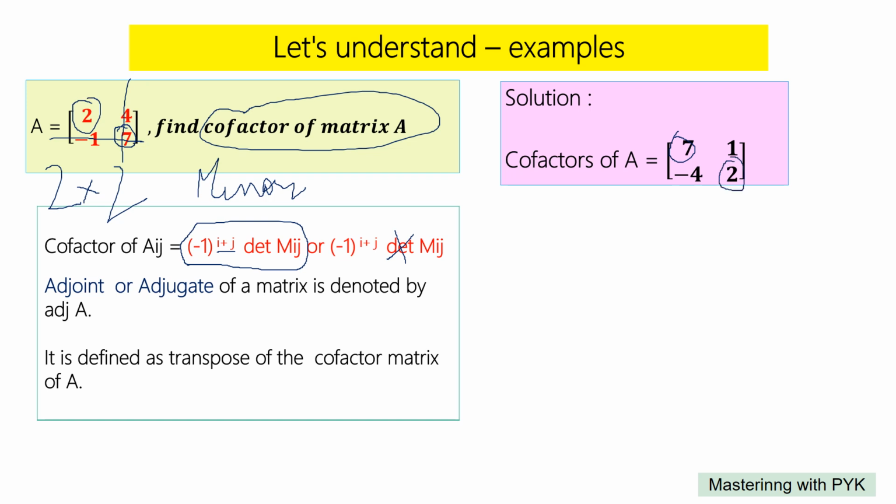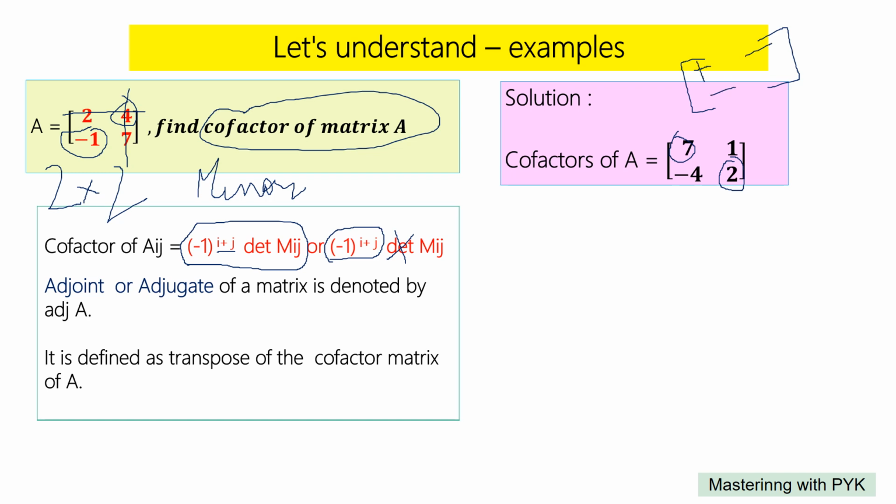Similarly, for the other elements, when we are at M12, we ignore this column and this row, and we are left with minus 1. But there is an additional parameter of minus, right? So instead of remembering this, we can always remember that the determinant is found with a sign change.